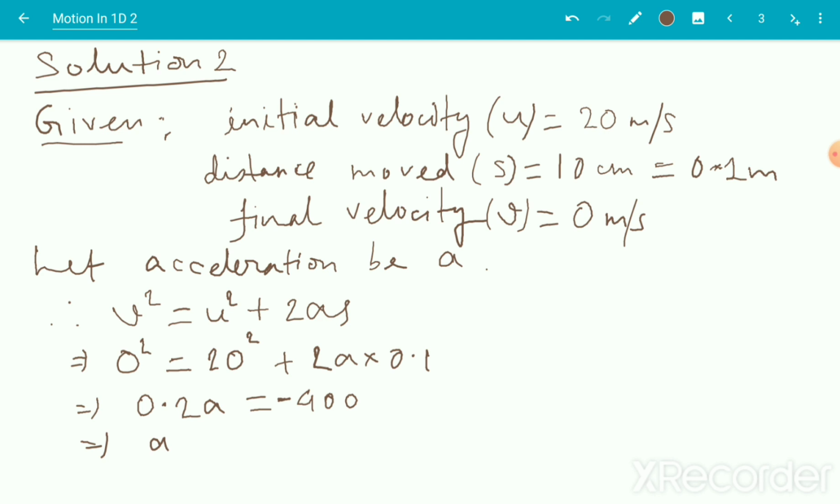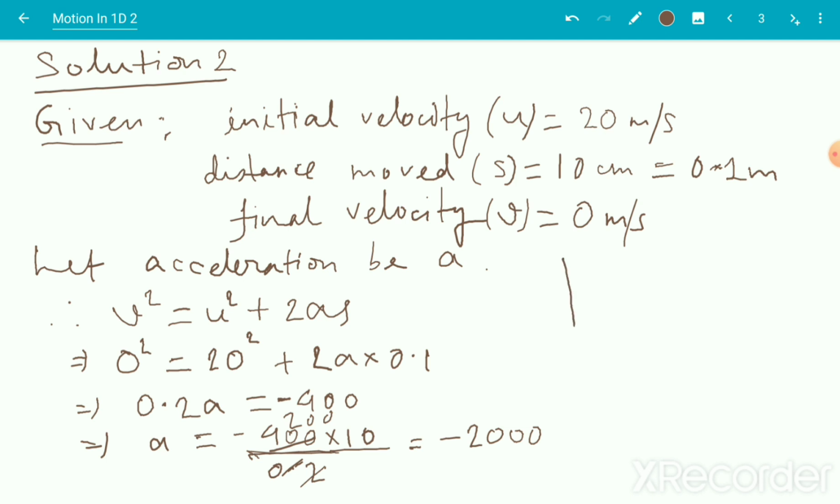Then a is equal to minus 400 by 0.2. So if we remove the point here, another 10 comes here. So 200 multiplied by 10 turns out to be minus 2000. We have considered a to be acceleration.